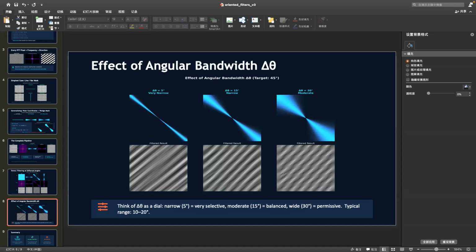At 15 degrees, you get a good balance, selective enough to isolate the direction, but also wide enough to catch real-world features that aren't perfectly aligned. At 30 degrees, the filter is more permissive, and the result starts showing more of the original image. In practice, 10 to 20 degrees works well for most applications. The right choice depends on how selective you need to be.